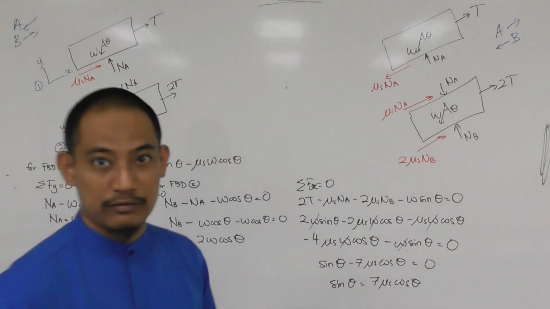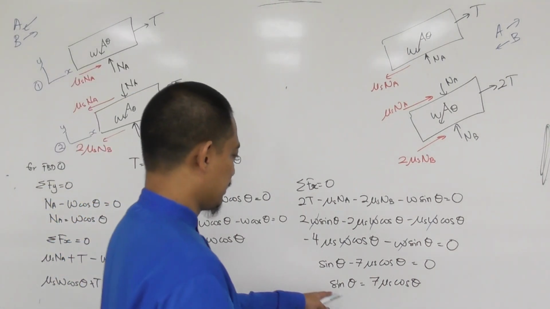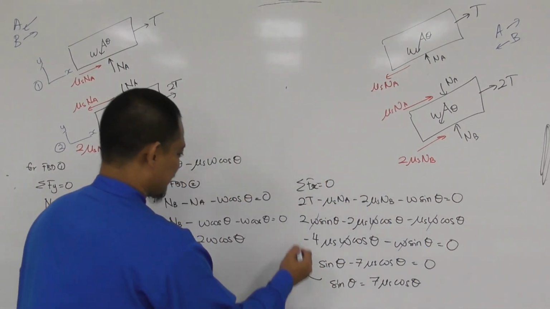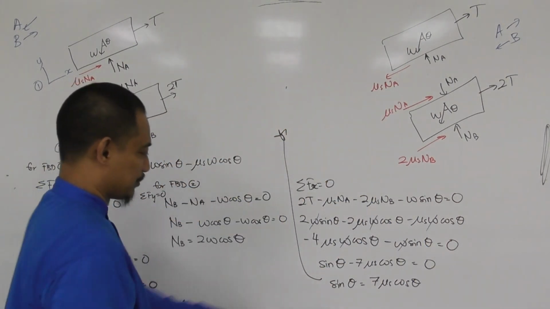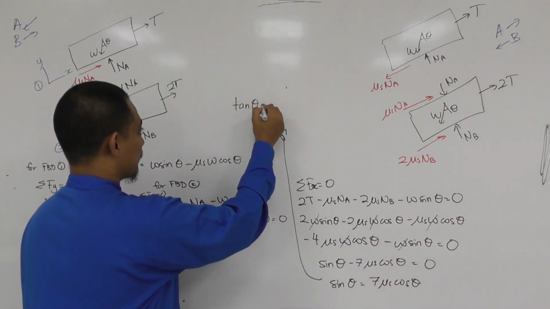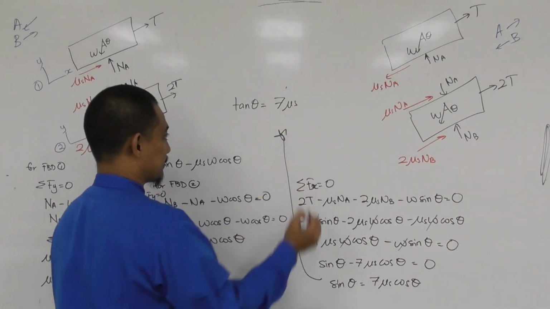Is it still in the frame? This one still okay. So from here, bring here cos, okay. This goes here. So sin theta divided by cos theta becomes tangent theta equal to 7 mu s.